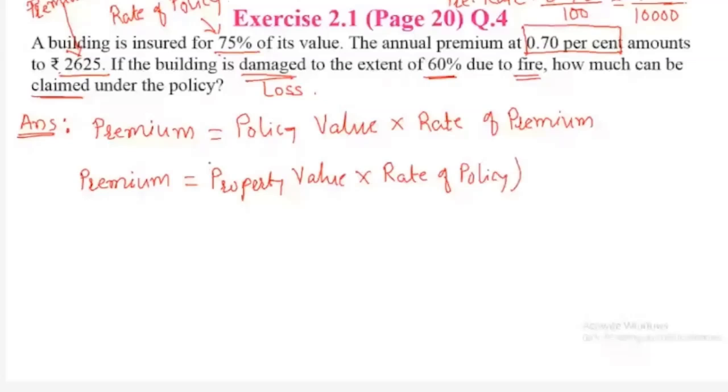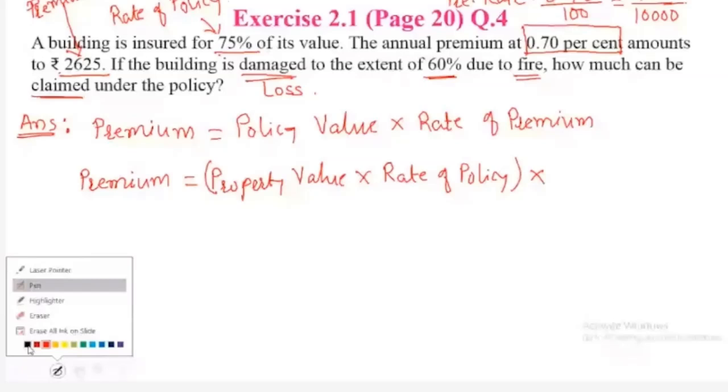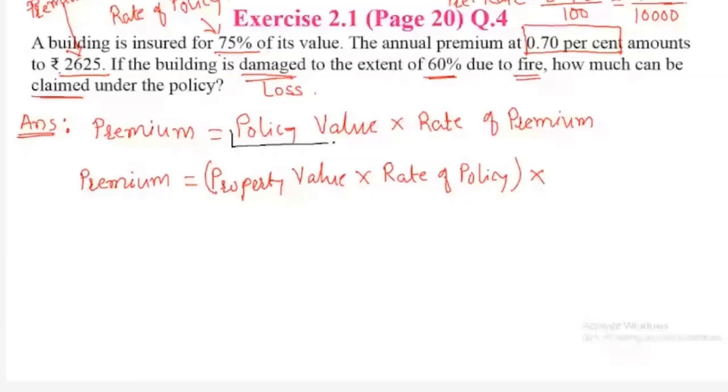If you want, you may put a bracket for this. This is what? Property value into rate of policy. This is the formula for policy value. Let me change the color and write it down for you. I'm writing this for you, not for the exam. I have written the formula of policy value.